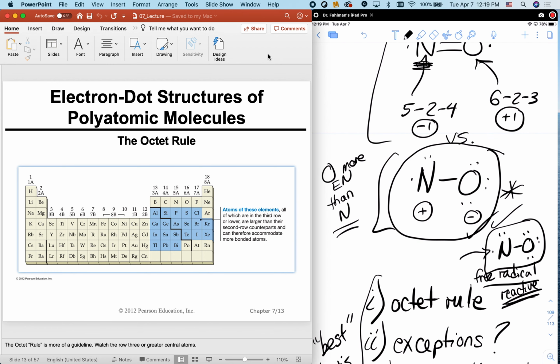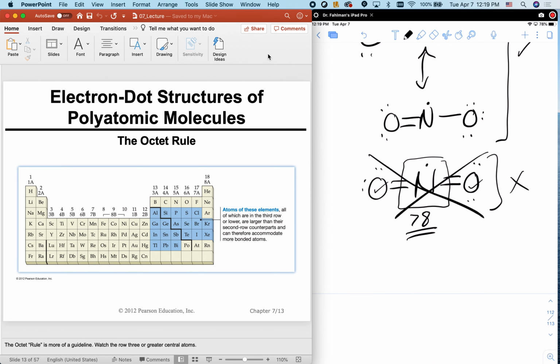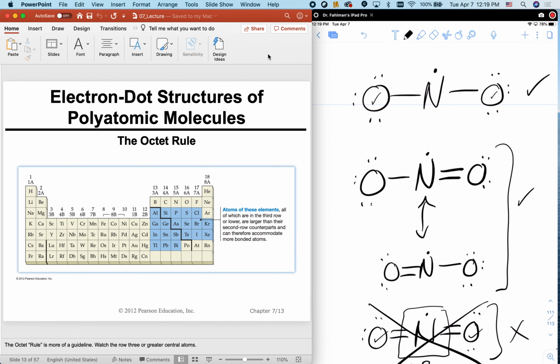Like for instance this, right? So nitrogen had only 2, 3, 4, 5 electrons around it. But it will never ever have more than 8 electrons. So these really are the only possibilities where you've got a double, single, hybrid, or just singles.